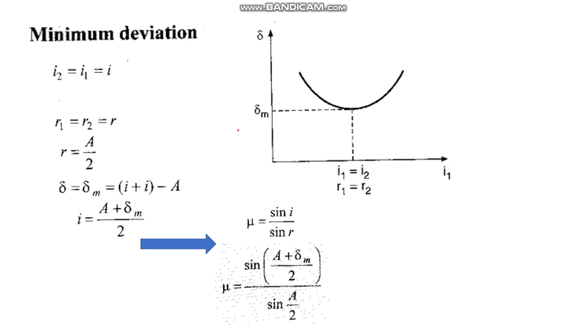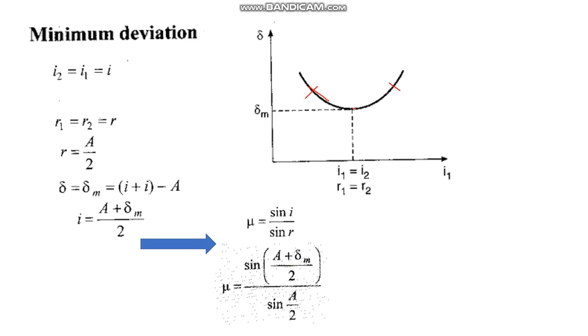Now let us talk about the concept of minimum deviation. If you plot a graph between deviation and the angle of incidence I1, the graph is something like this. For two angles of incidence you get the same deviation. Now when you keep on changing the value, you get a value where you get the minimum deviation.